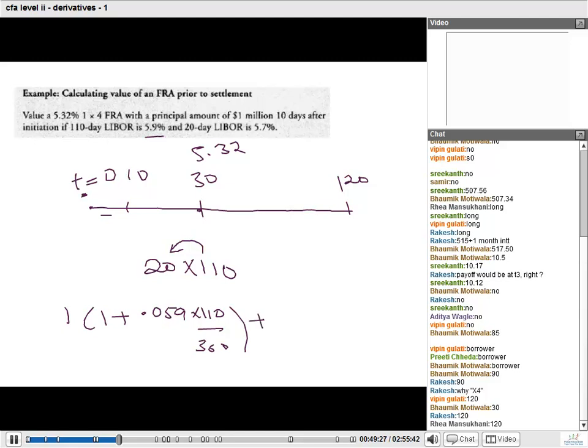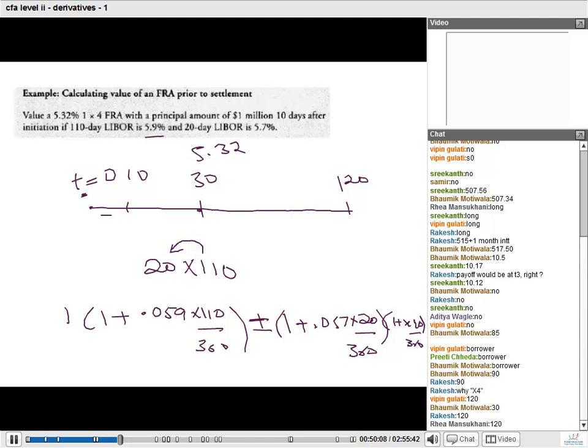The 20-day LIBOR is 5.7 and refinance for a period of 90 days. So will I get the 90-day rate? The 20 into 110 rate, multiplied by 1 plus x into 90 by 360. So x is the rate of the new FRA that I can enter now 10 days later. Please note 20 into 110 will also be a 90-day loan.